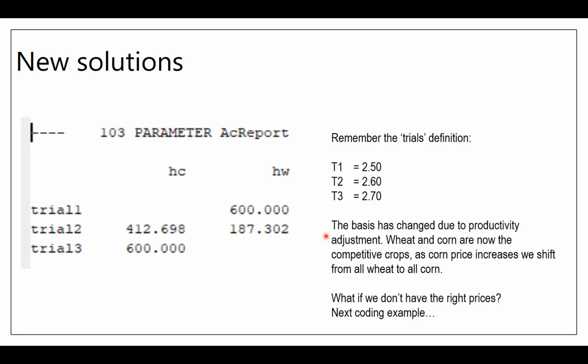So we changed the returns to wheat enough through improved productivity that now our trial definitions, 250, 260, and 270, this is all for the corn price. Say, if the corn price is too low, you're a wheat producer. If the corn price improves, you're going to shift a lot of this over to corn, but not all of it. And then when the price gets high enough, you'll shift it all over there.